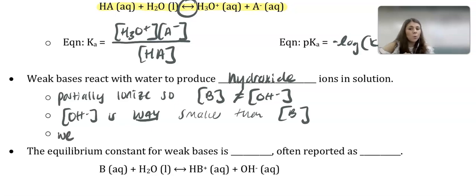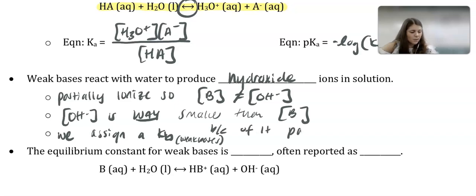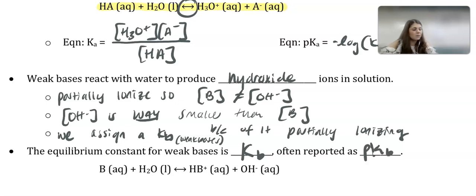So the workaround is we assign a Kb, and again, Kb is for our weak bases because of them partially ionizing. Like I said, the equilibrium constant for weak bases is K subscript B, often reported as pKb.